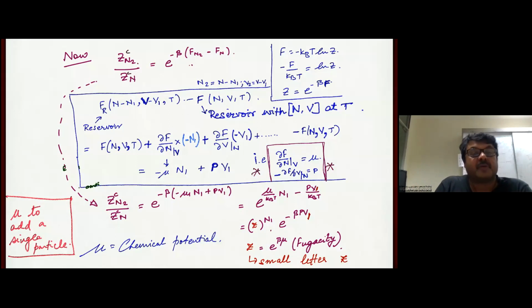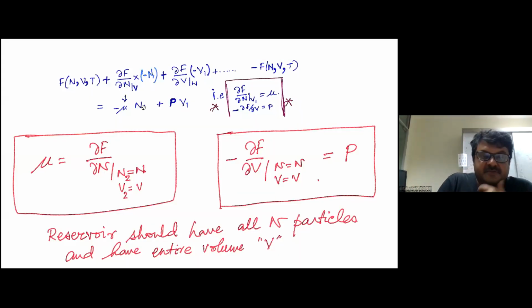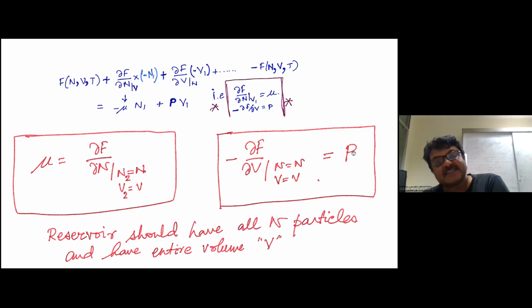What is the total number of microstates to calculate the partition function? So this is to be very clearly noted: N2 equals n, all the particles, and V2, the volume of the reservoir, is the total volume. Similarly, when del F del V is being calculated, the number of particles in the reservoir is the total number of particles, and V2 equals V. That is equal to pressure, right?